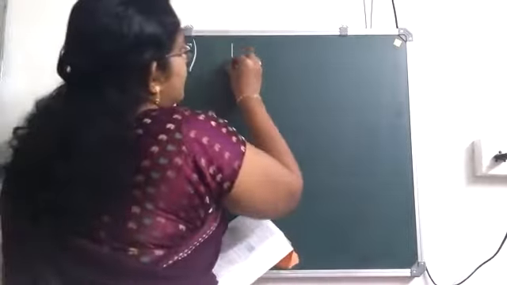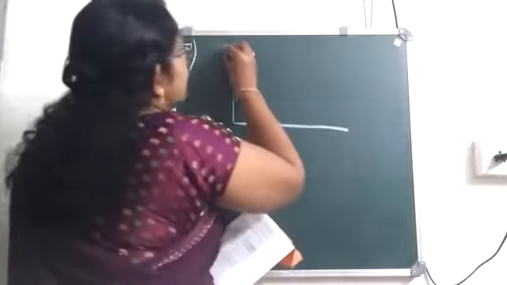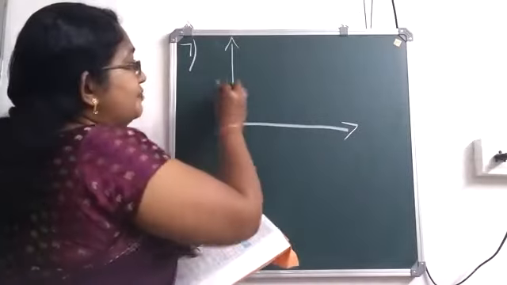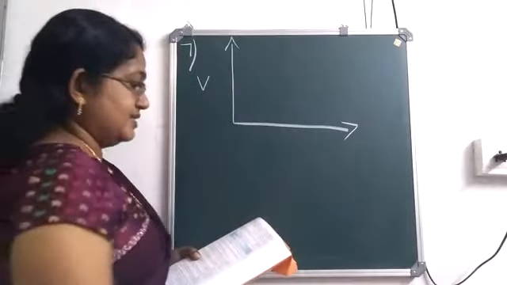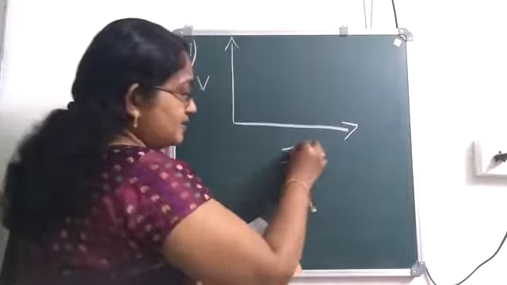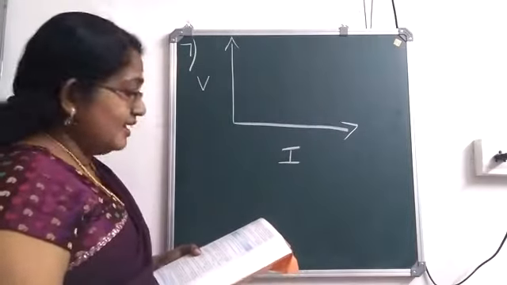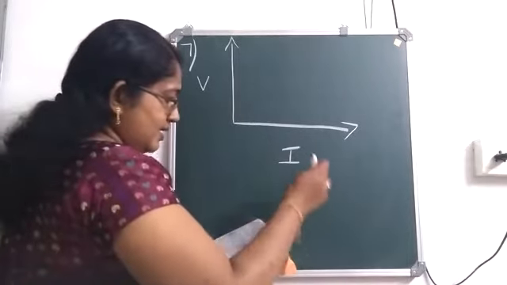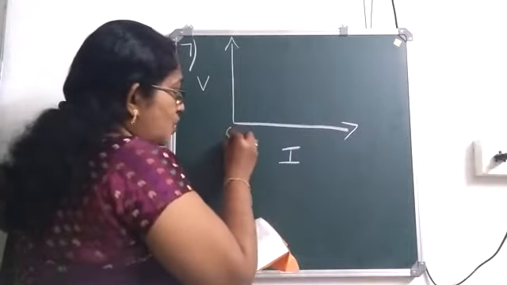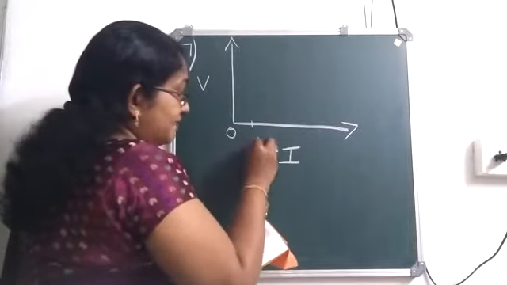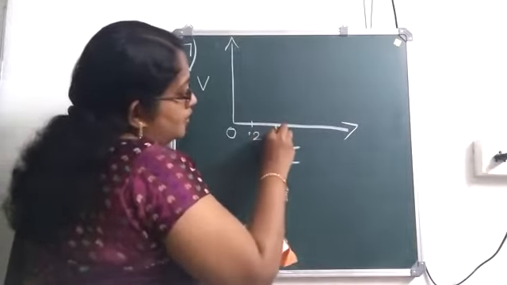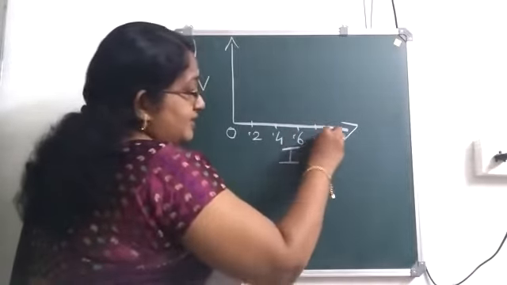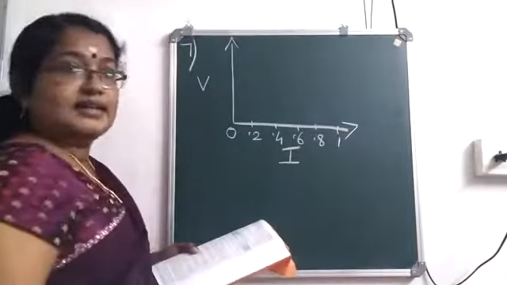Okay. So, they have given that it is a VI graph. Since it is a VI graph, V will be taken along the y-axis and I will be taken along the x-axis. Then, what are the readings? Current, here it is origin 0. Then we are having 0.2, 0.4, 0.6, 0.8 and 1.